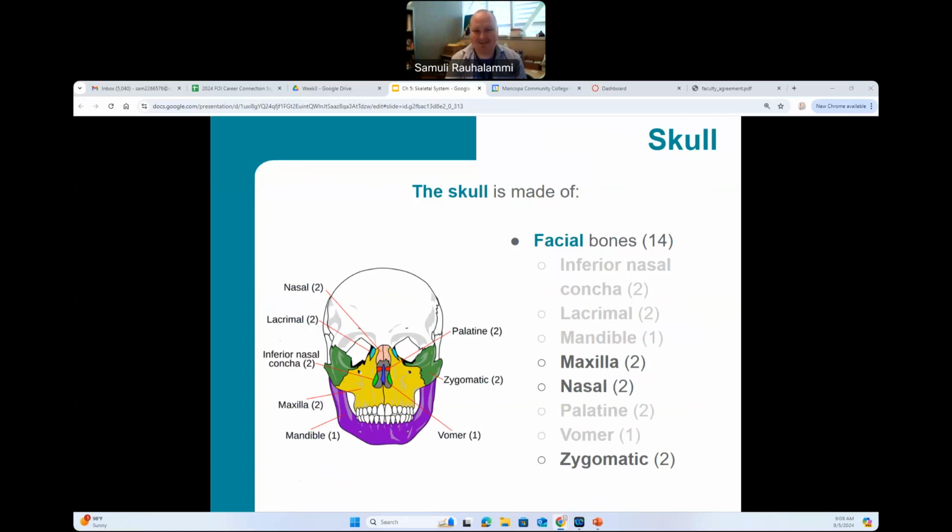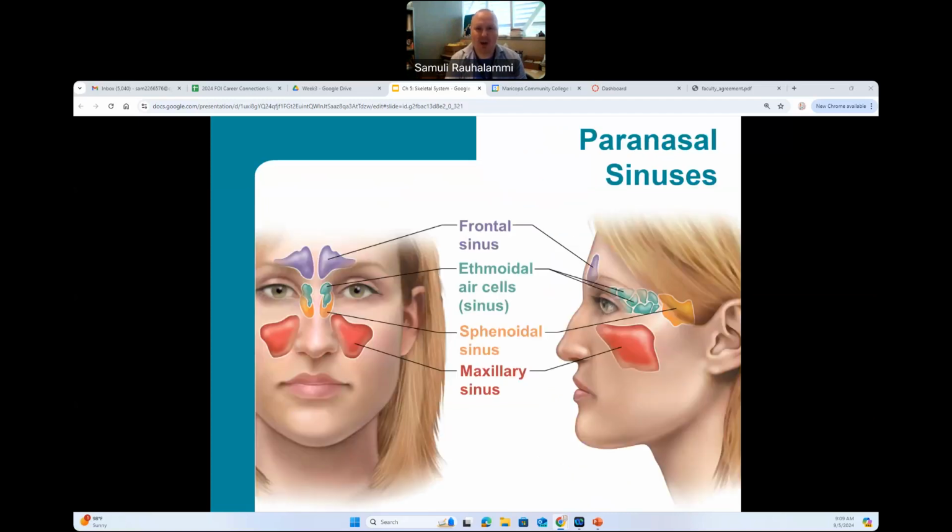I've mentioned on and off a few times now, as we've been discussing these facial bones, sinuses. Remember, the word sinus refers to an empty space or a cavity within the body. So paranasal sinuses refer to these empty spaces within the bones of the skull, especially around the nasal area.